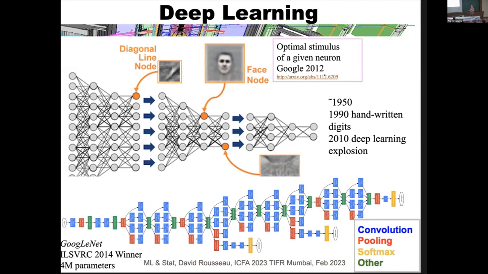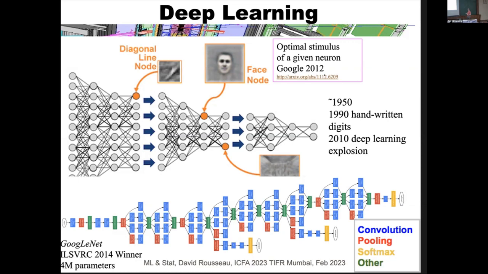And then algorithms are trained to identify these images. The basic idea is that the first nodes identify small details in the image, edges, shapes, and the deeper you go, the more complex the representation is. And then you have a face node and a cat node.